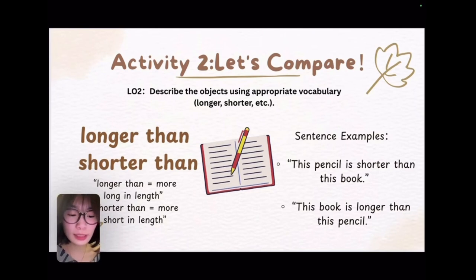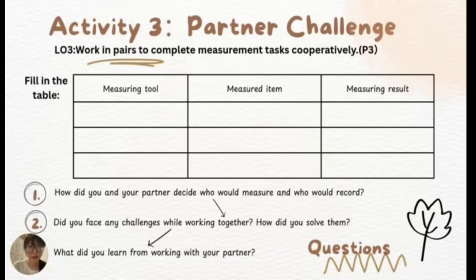We can see this pencil is shorter than this book, or this book is longer than this pencil. Now practice with objects around you. Compare a pen and a ruler. Use these phrases to describe their length. Let's start comparing.